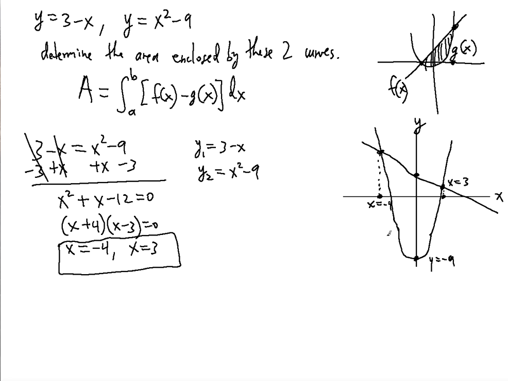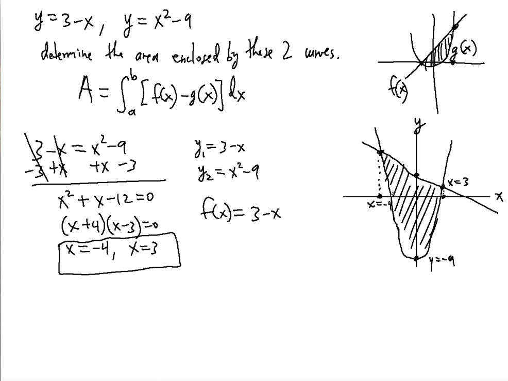So the area that you're going to find in this case is this area, the one that I'm shading right now. Now you know which function is the higher one and which one is the lower one. So f of x is going to be, in this case, 3 minus x.